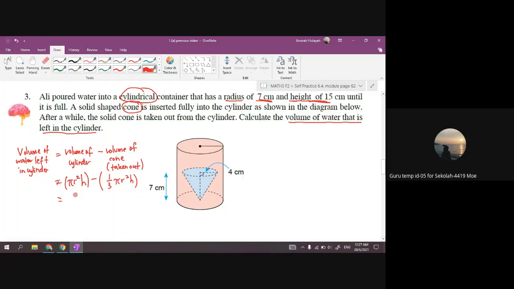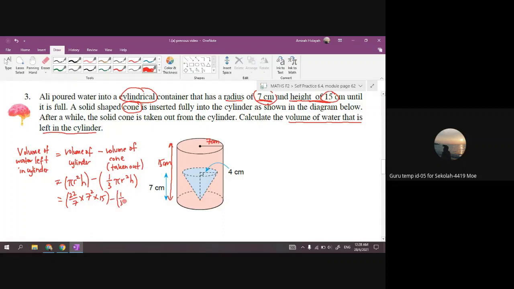So you will get, write in the values first. So 22/7 times the radius of the cylinder. The radius of the cylinder was already mentioned in the question, 7 cm, times the height of the cylinder, also mentioned, 15 cm.